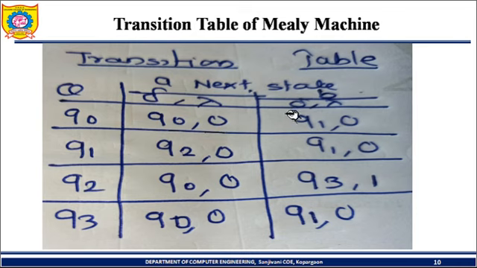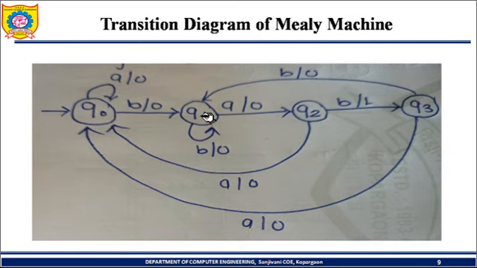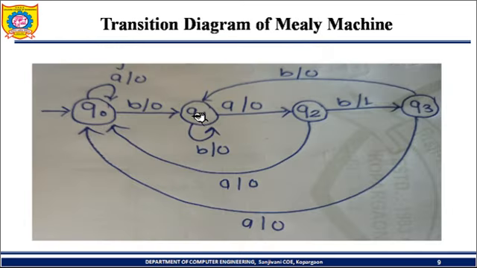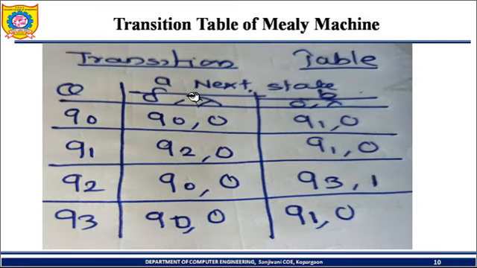Same way, Q0 after accepting B is in the Q1 state and the output is 0. Now for Q1 after accepting A, it is in the Q2 state and the output is 0. Like this we have constructed the transition table. Here it should be Q2.